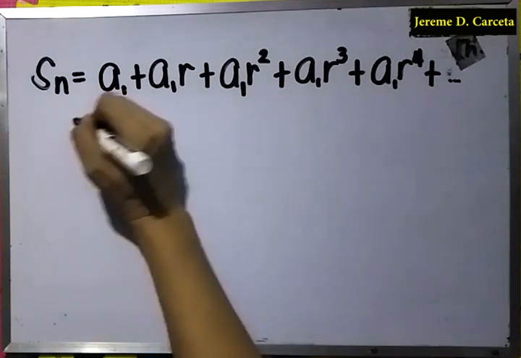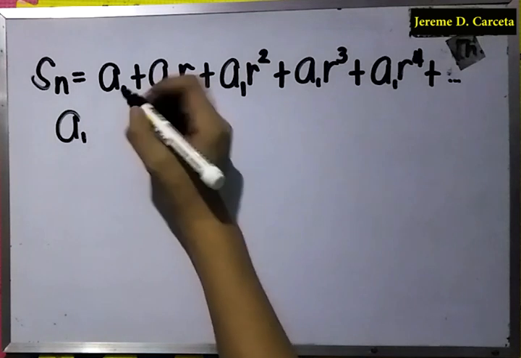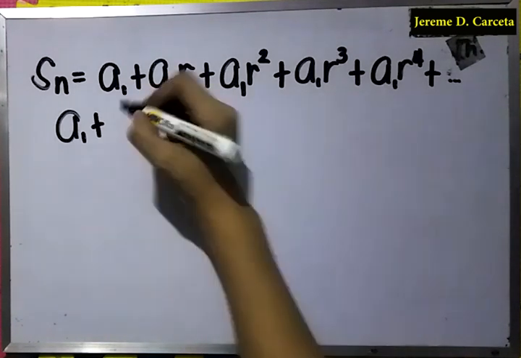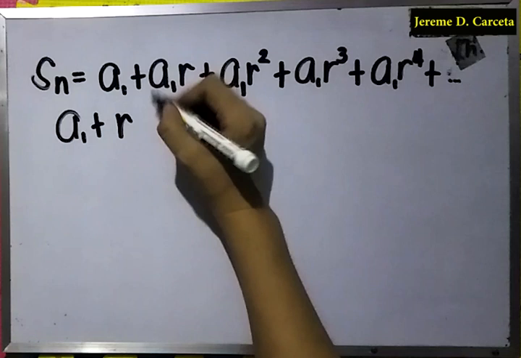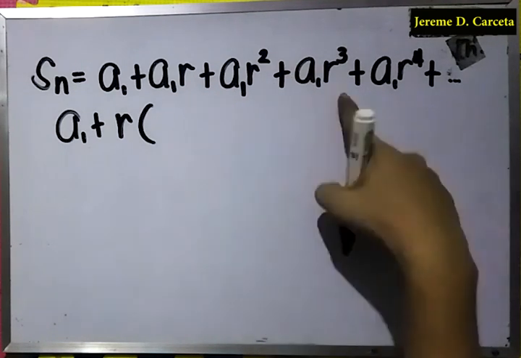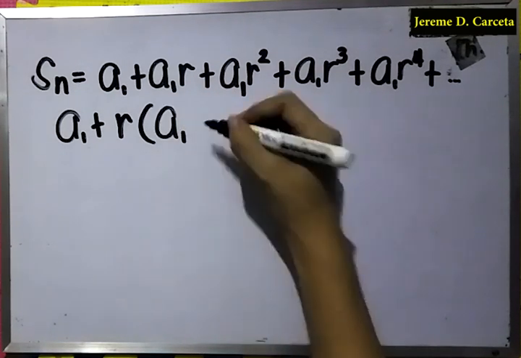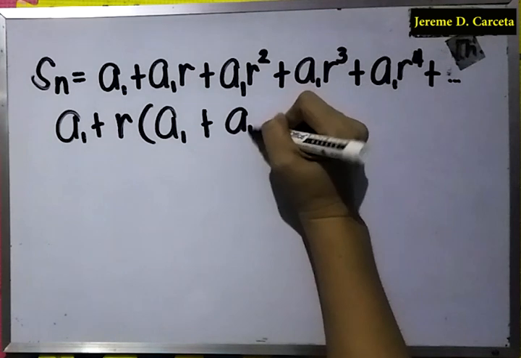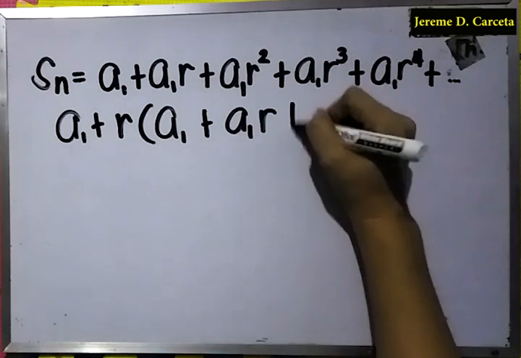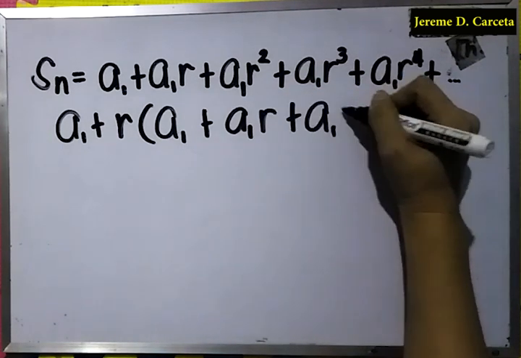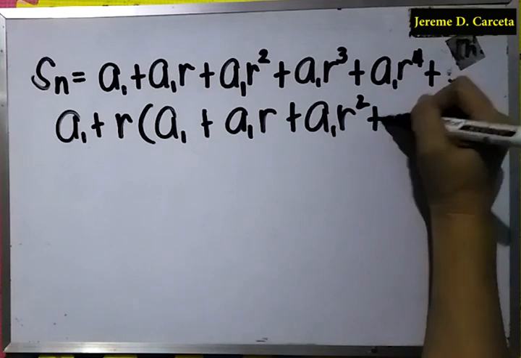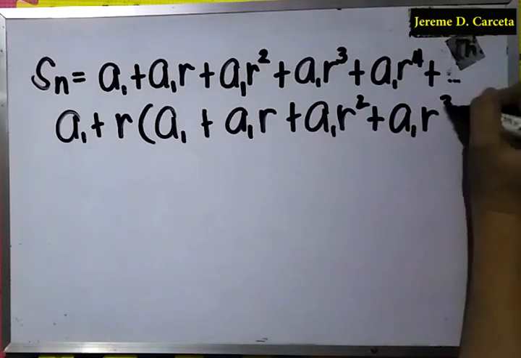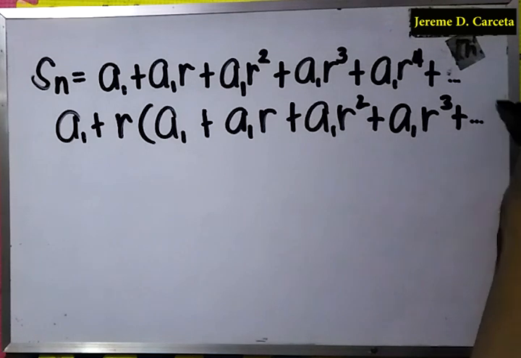Then multiplying by r, we have r times a sub 1 plus a sub 1 times r plus a sub 1 times r squared plus a sub 1 times r cubed, and so on.